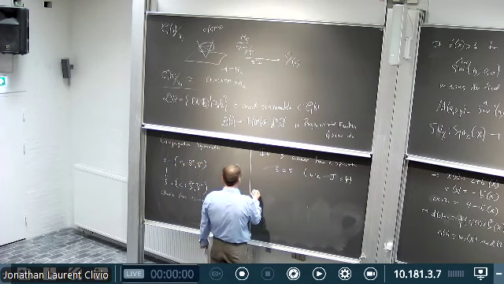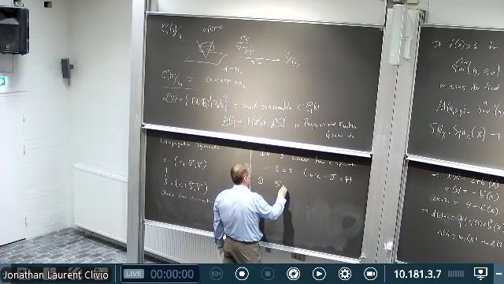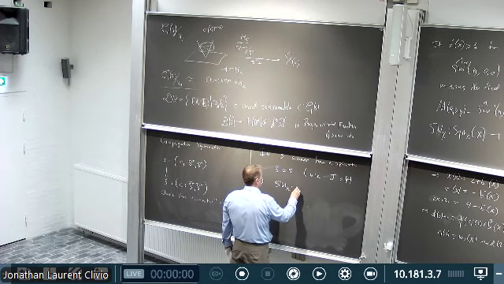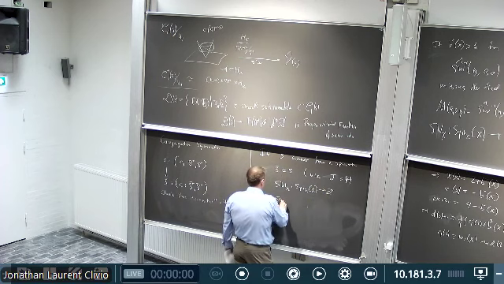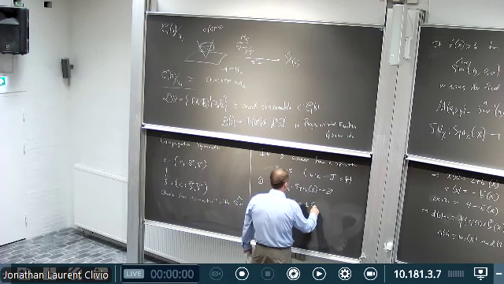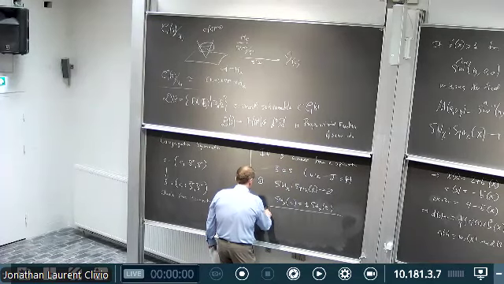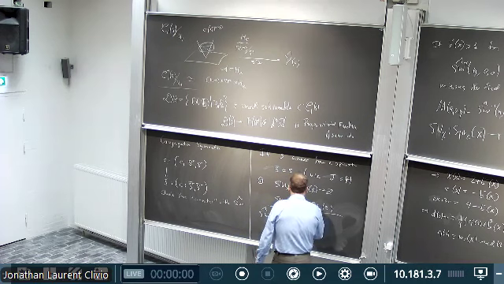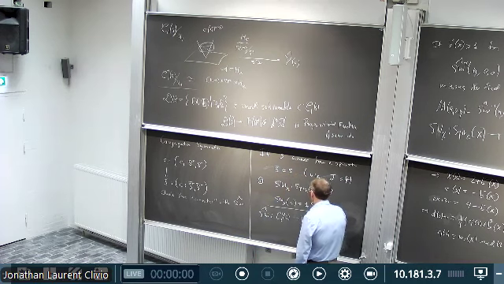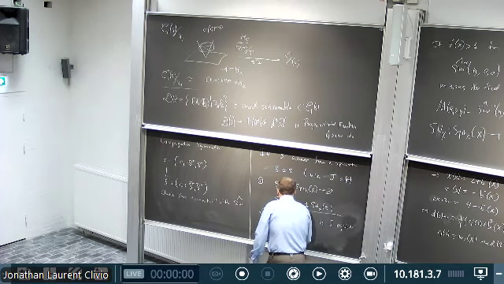A consequence is that the Seiberg-Witten invariant has the property that SW of c is equal to plus or minus SW of c conjugate, and the Seiberg-Witten map is J equivariant. That's the distinct structure.